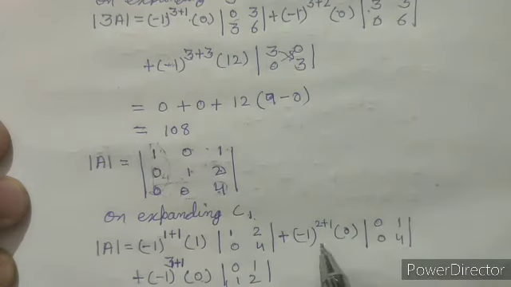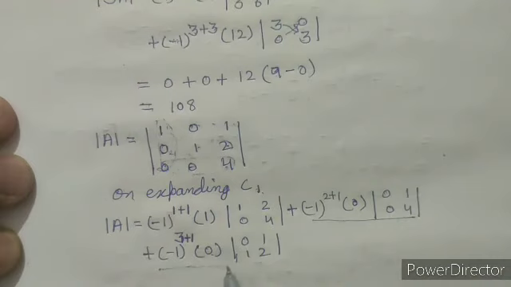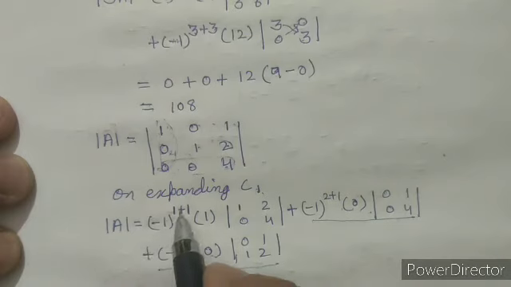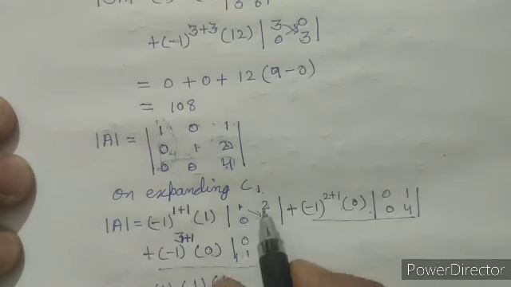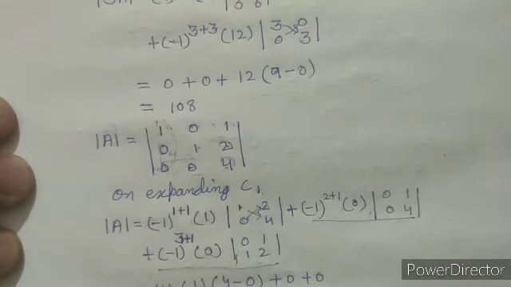Again this will be equal to 0, and this part will also be equal to 0, as both are being multiplied by 0. So minus 1 raised to power 2 will give us 1 into 1, and the determinant of 1 2, 0 4 will be 1 into 4, 4, minus 0 into 2, which is 0, and the others will be 0. This will be equal to 4.